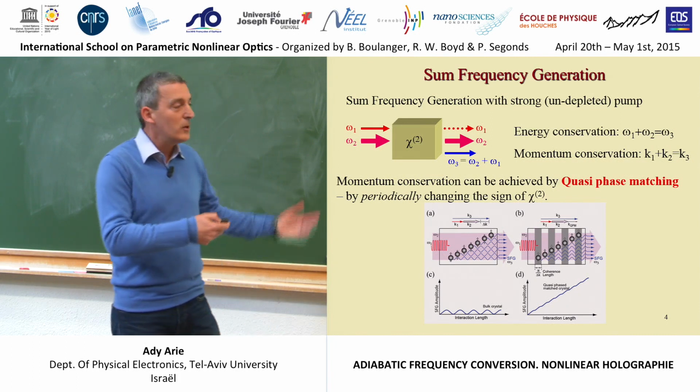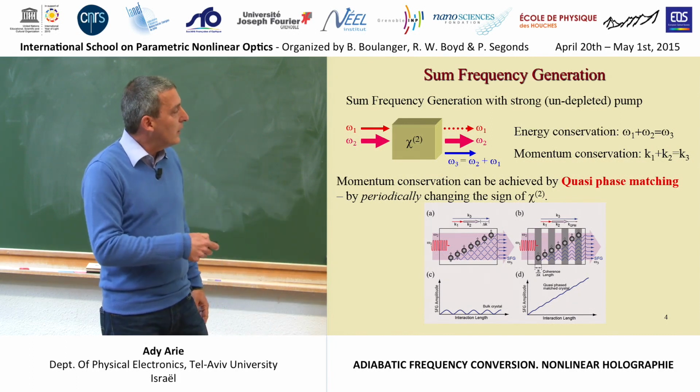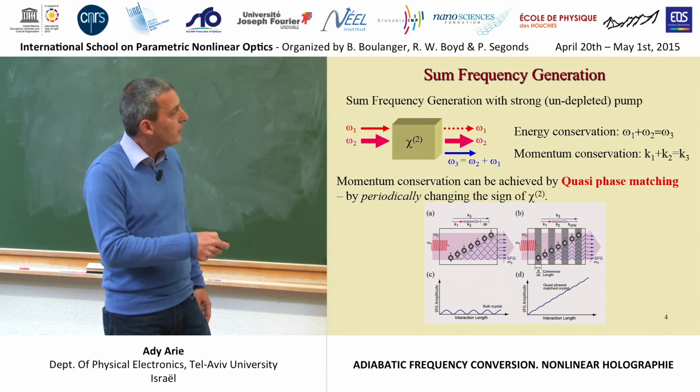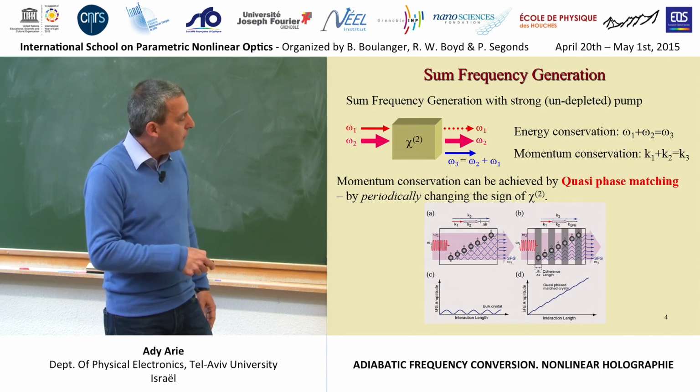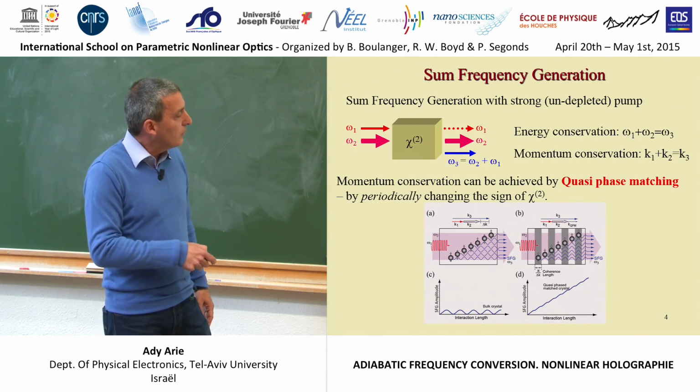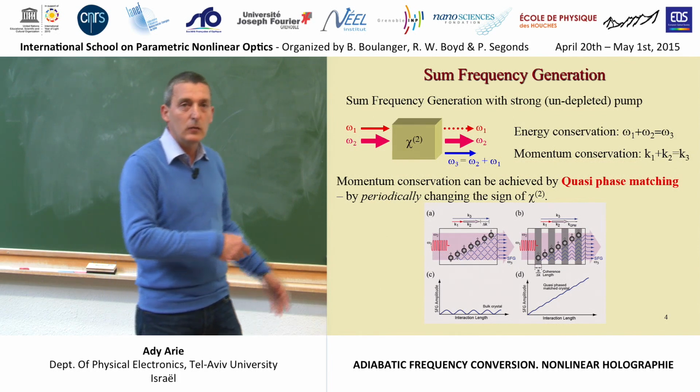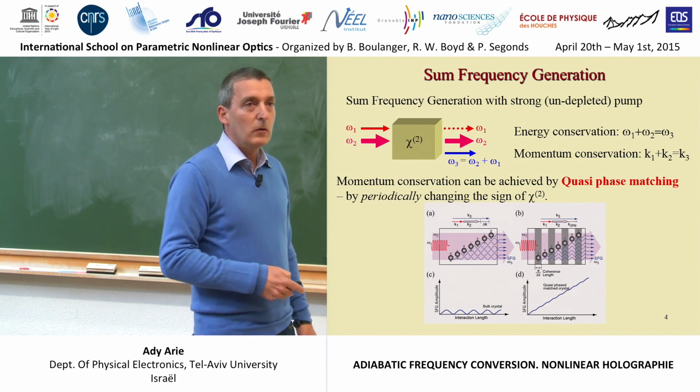So this is the phase matching problem. If we don't do anything, then we have some phase mismatch, delta k, which is k3 minus k1 minus k2. And therefore, the amplitude or the intensity of the generated wave oscillates very rapidly, and we don't have good conversion.